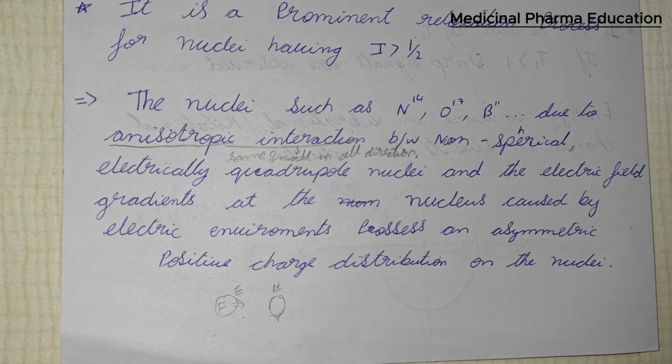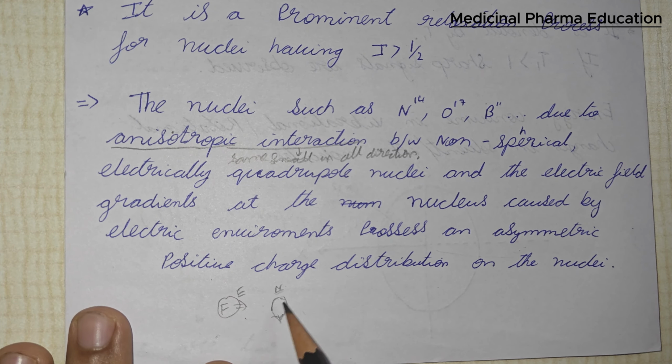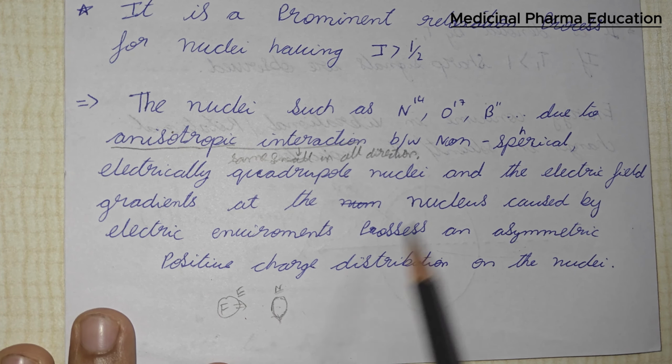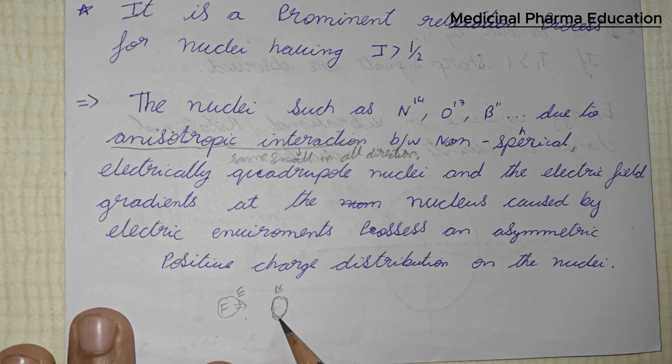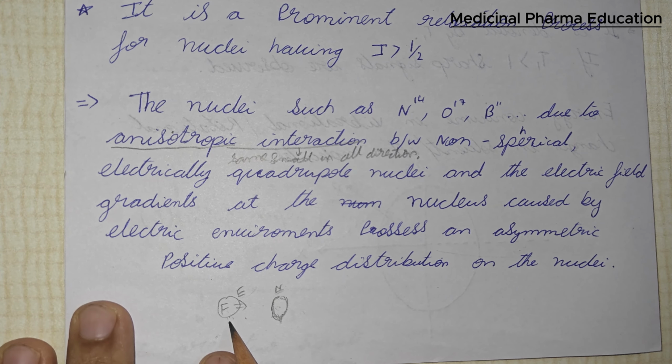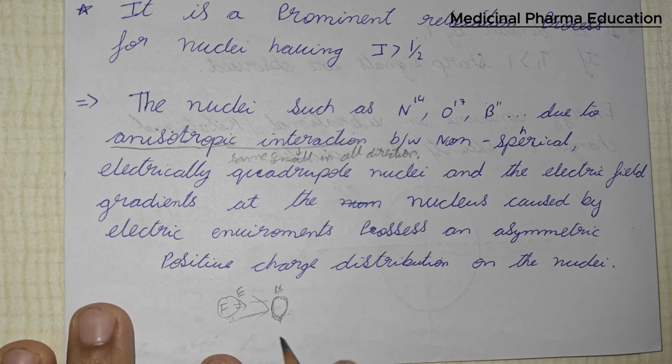For example, think of a balloon which is non-spherical. The balloon here means the nucleus, a non-spherical electrical quadrupole nucleus. Here there is a fan, which is also called the electric field. When the fan is on, air falls on the balloon, and the balloon will shake.